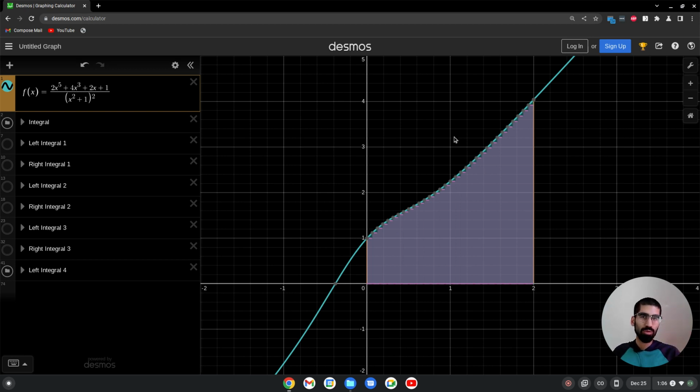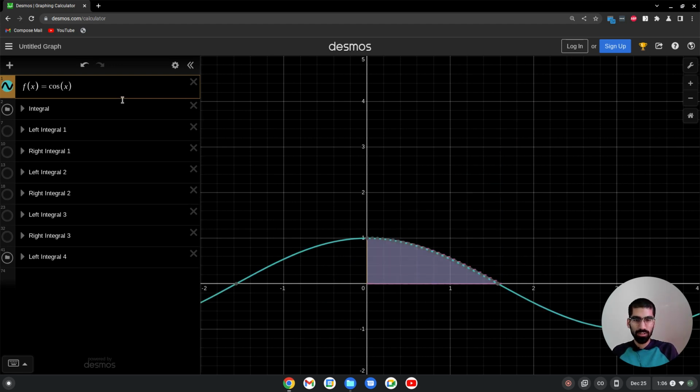We can use this approach for any curve. Here I've just configured it for f of x equals this mess. Let's say I had cos of x. You see, it's still working. We could create not very good approximations, or more and more accurate ones, and we're doing the same thing every time.